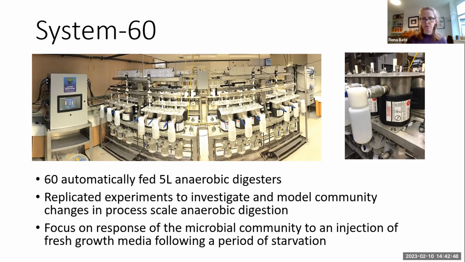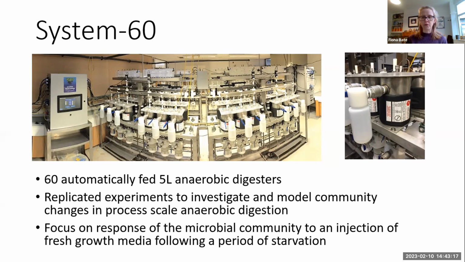The microbes are just dormant. And once it's reached this stage, fresh growth material is injected into the digesters. We've been looking at injecting fatty acids, things like octanoate and hexanoate, and looking at the response of the community to an injection of media after it's been starved for a couple of weeks.